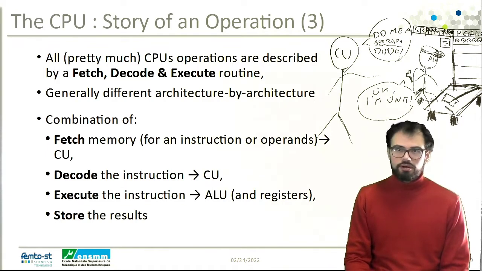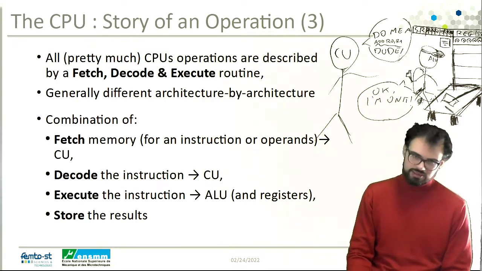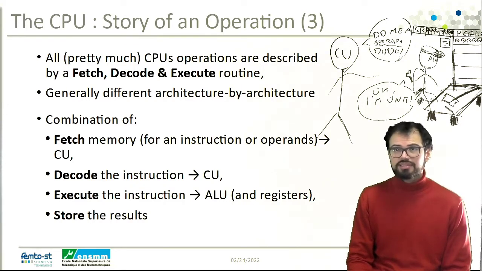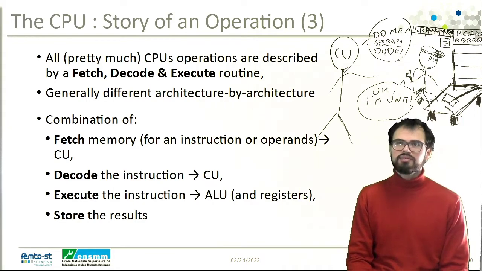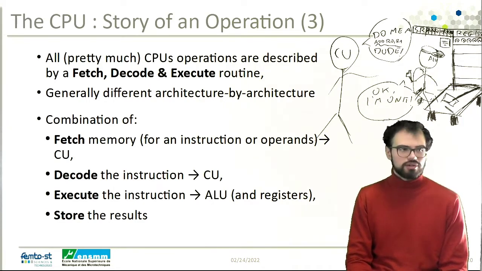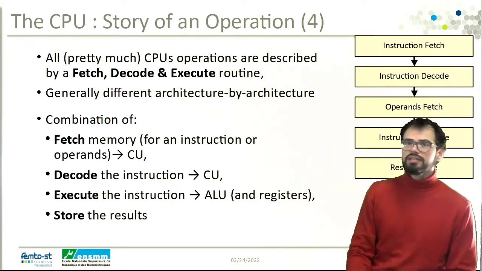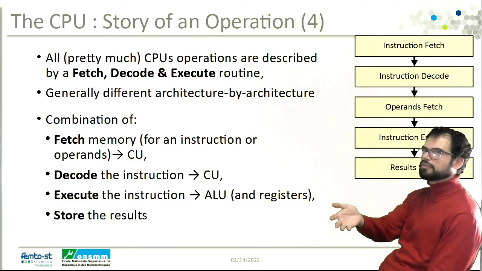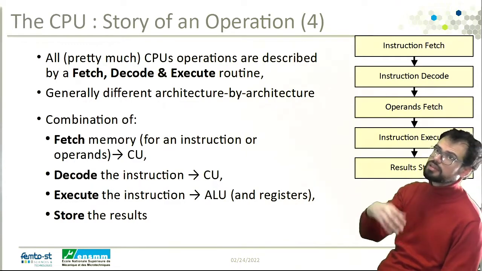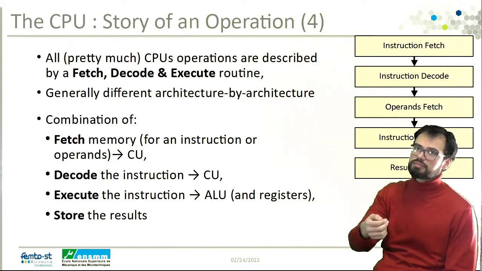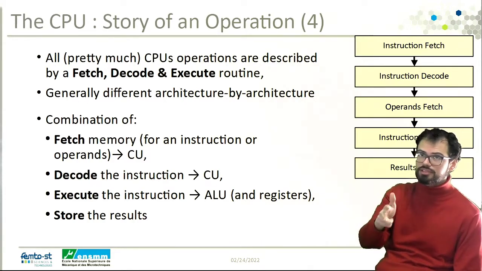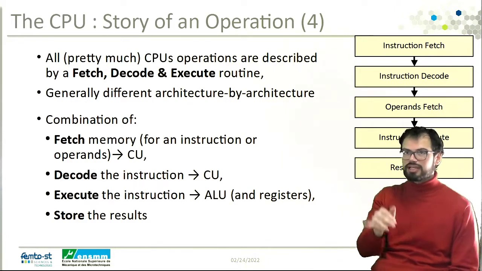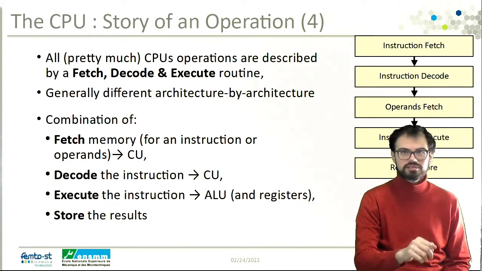It will work with the data and some specific registers to do exactly that. Then, after you have the result, you can store it. This is a more precise routine of how it is performed: instruction fetch, instruction decode, operand fetch, instruction execute, and the result to be stored.